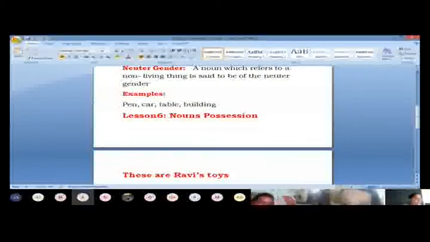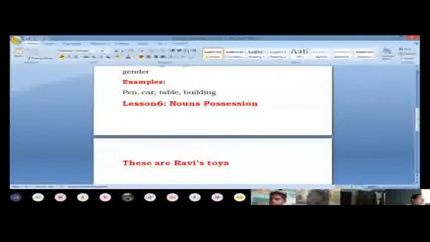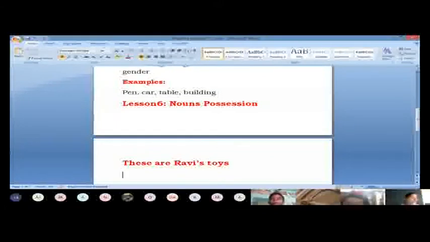You have to change this as a possessive noun. Possessive noun, how do you have to write? Anybody? Sister, what? These toys belong to Naina. These are Ravi's toys. You are right. Belonging, as you show. These toys belong to Ravi.